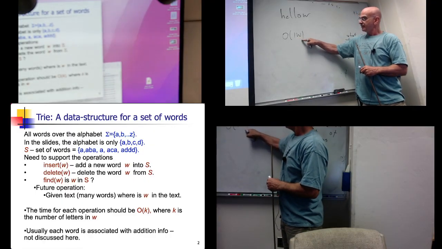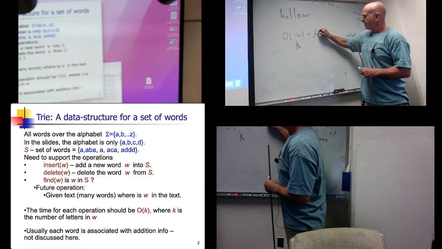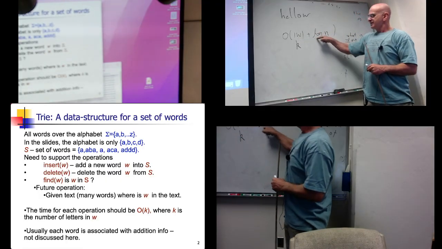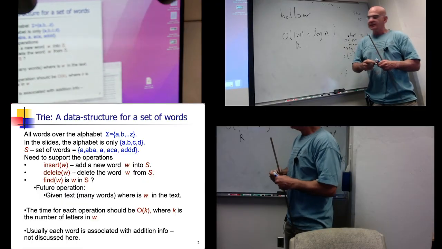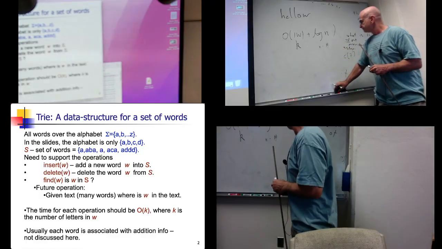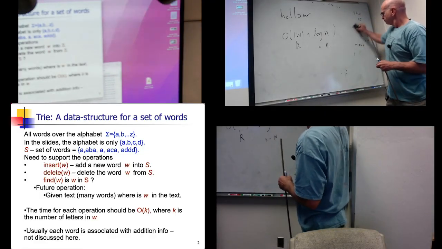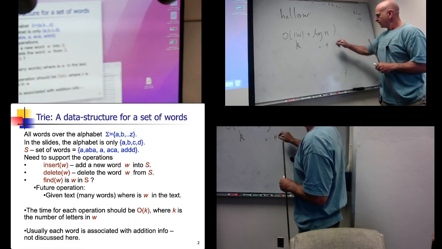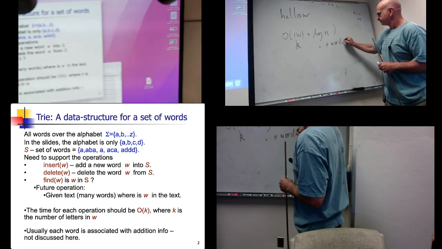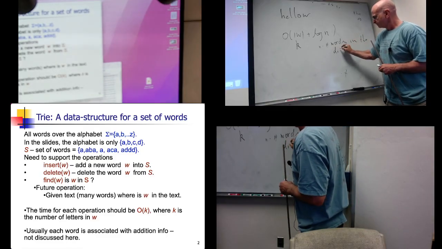Over here, the length of W, that is K, how many letters it is, plus usually in a search tree there is some log n involved, where n is the number of words in the dictionary.